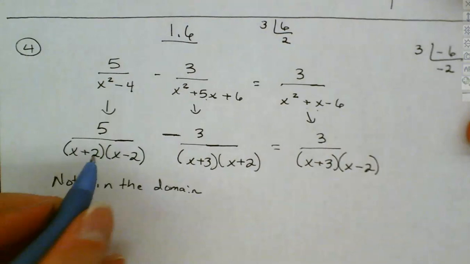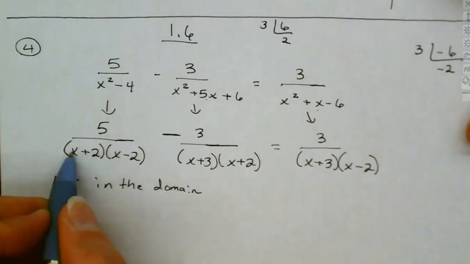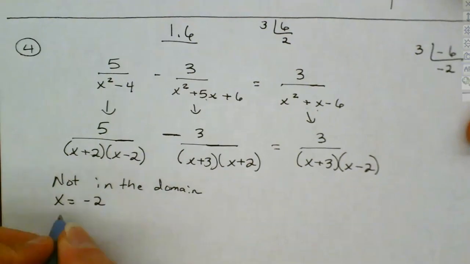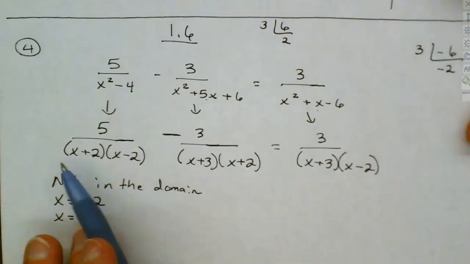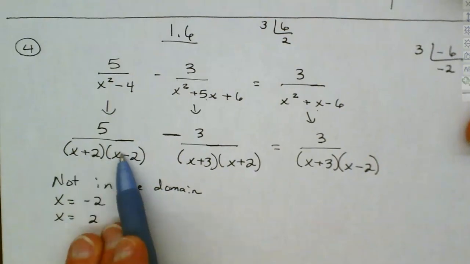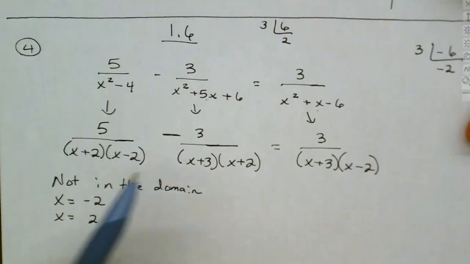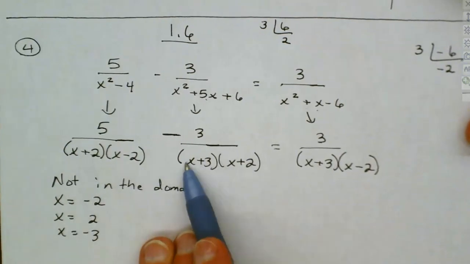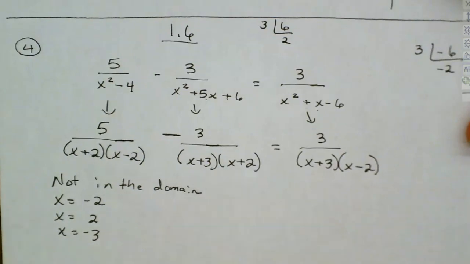Okay, let's go through each one. What number is going to make this not work? Minus 2 and positive 2, right? So minus 2 plus 2 is 0. We don't want that. 2 minus 2 is 0. We don't want that. Over here, we need a minus 3, because minus 3 plus 3 is going to give you 0.